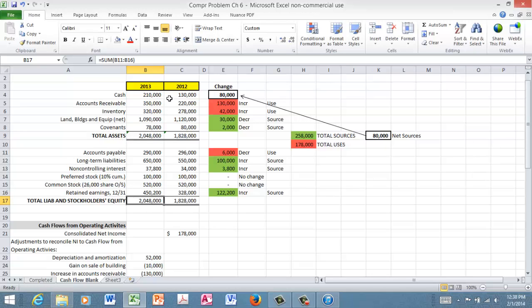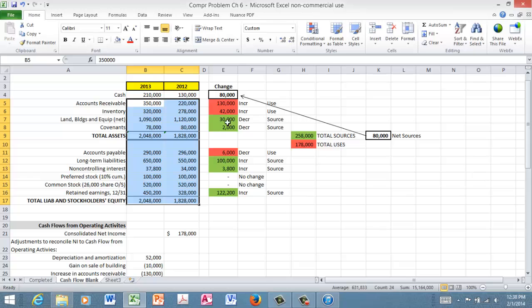So it goes without saying that if we want to explain the change in cash, the change between these two period ending numbers, which is $80,000, then if we explain all these other changes below that, we will have succeeded in explaining this $80,000 change. That's the purpose of cash flow statements: to explain how cash was used or received in the business.